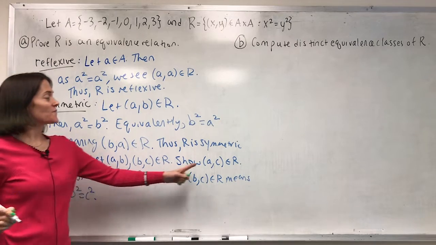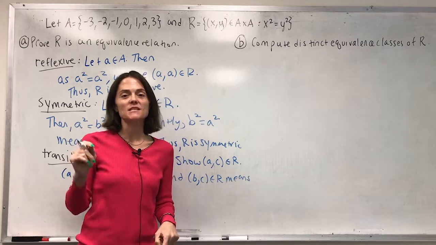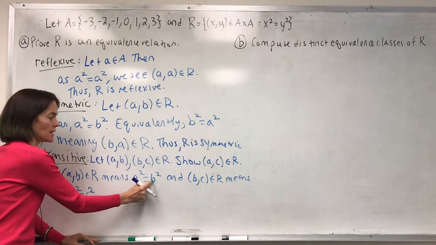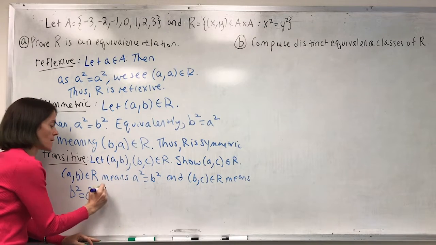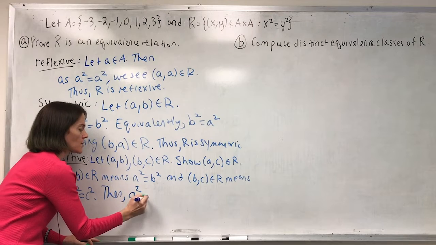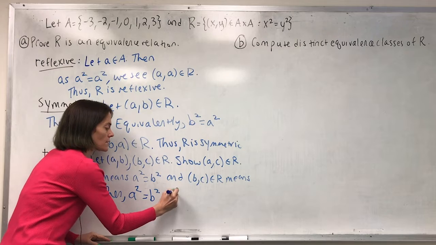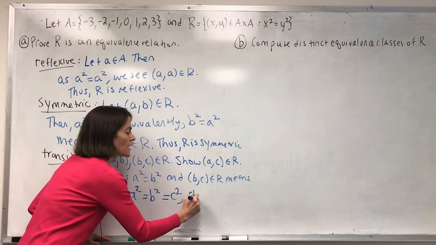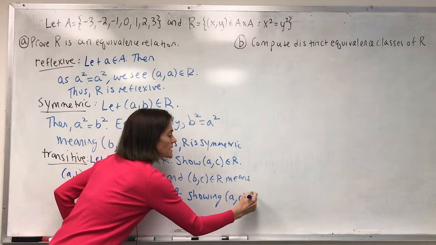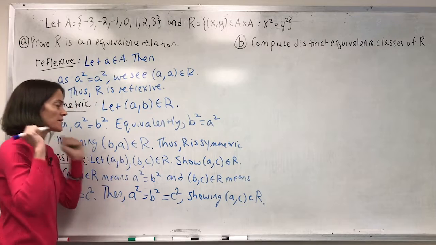Now what do I need for (a, c) to be in R? I need a squared equals c squared. Do we have it? The answer is yes, because both of them are equal to b squared. So let me just write that: a squared equals b squared, and that equals c squared, showing that (a, c) is in R, because a squared equals c squared.